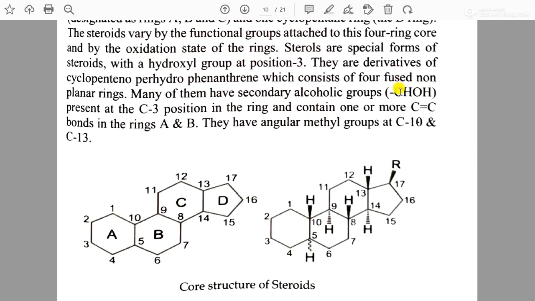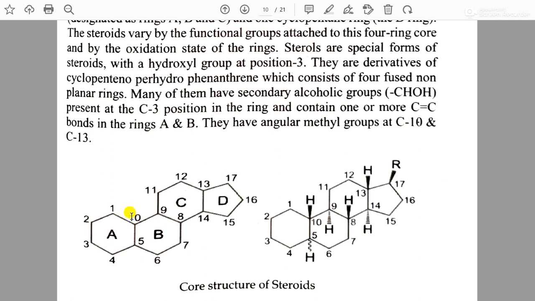So in the case of cholesterol, the OH group at position 3 was a secondary alcoholic group. They also contain 1 or more carbon-carbon double bonds in ring A or B, and they have angular methyl groups at C10 and C13.